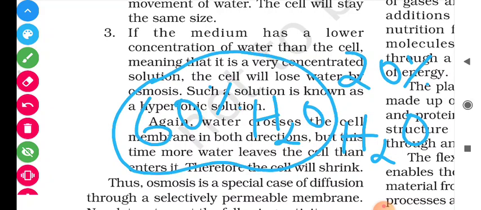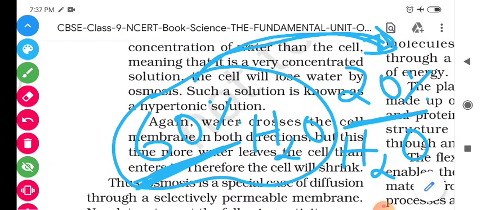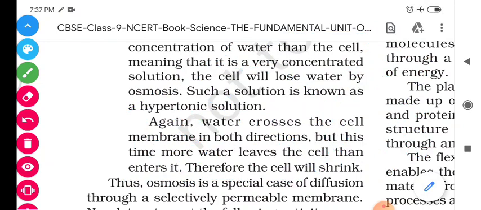Absolutely, the water will move from this cell to the external environment. It is very simple. As I already told you, the water will move from higher concentration to lower concentration. I have already told you in the first example that where the water is available in the higher amount, it will flow from the higher water amount to the lower water amount. Okay, chaliye.